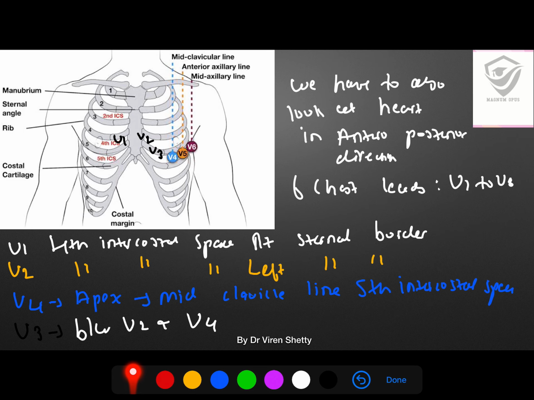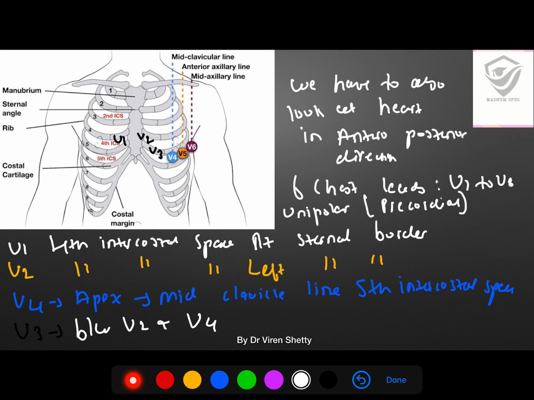So by doing this, we place the 6 chest leads also, that will give you the anterior posterior view. Okay, so I hope you have understood this anterior posterior view. These chest leads, they are the unipolar chest leads. They are also called as the precordial leads.